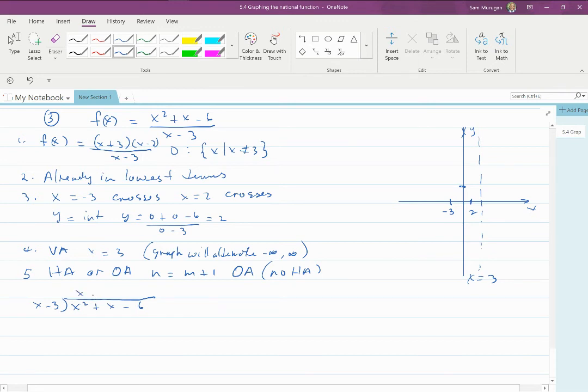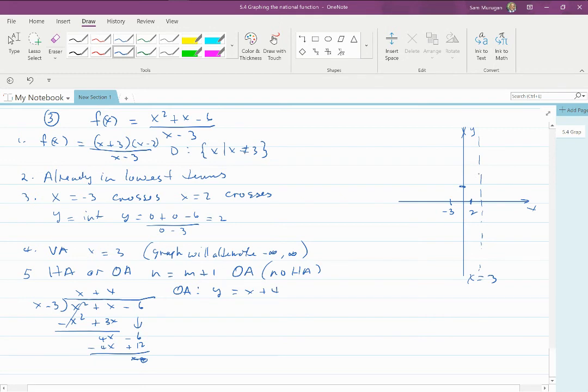So this is x plus 4. You can check it. This is x squared plus 3x because we change signs. That goes away. This is 4x, bring down the negative 6. So minus 4x plus 12. We're not concerned with the remainder at all. So the oblique asymptote y is equal to x plus 4.